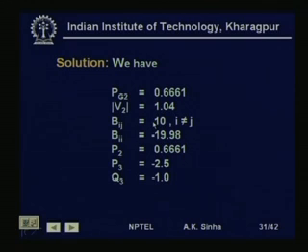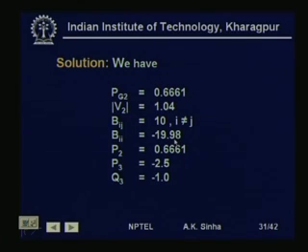So, that becomes minus j10, and B_ii is equal to minus 19.98, because we add all the susceptances connected to the bus plus the half line charging of the two lines at that bus. This we had already calculated in the previous lesson. So, I am just substituting those values.